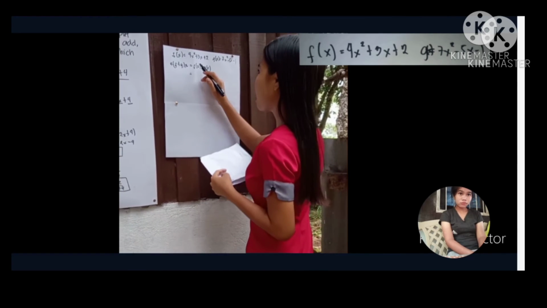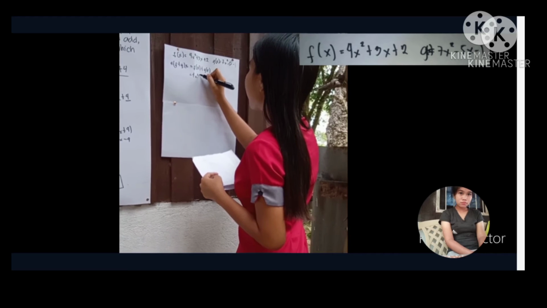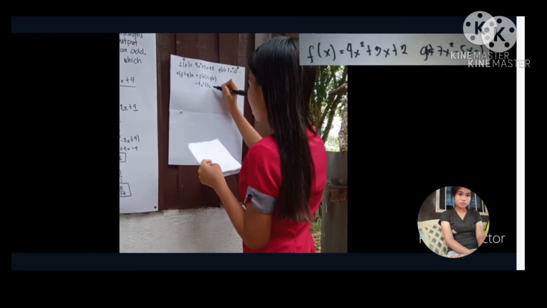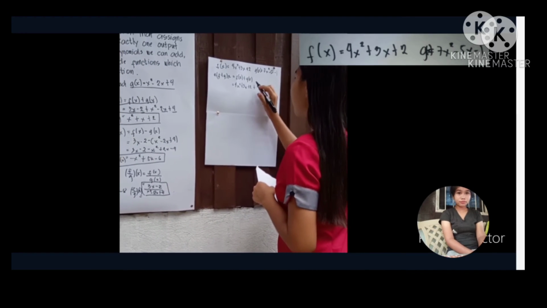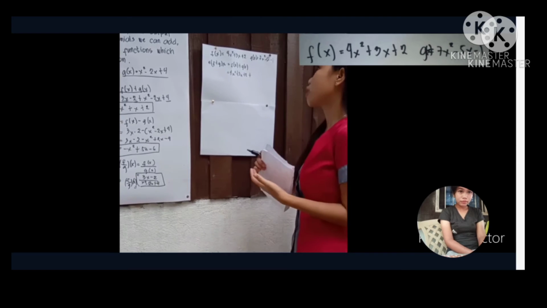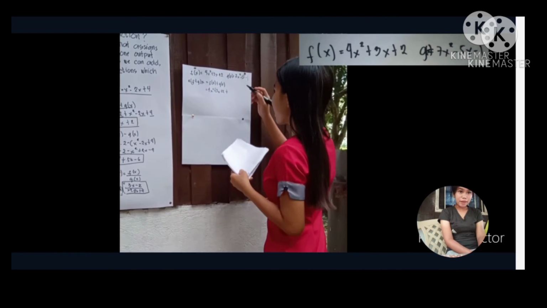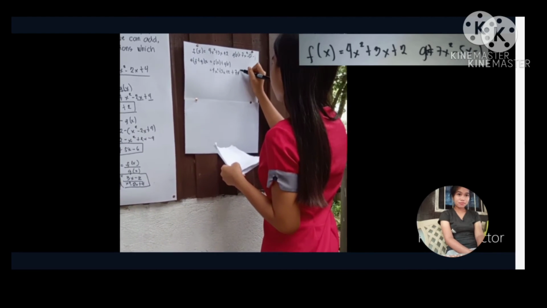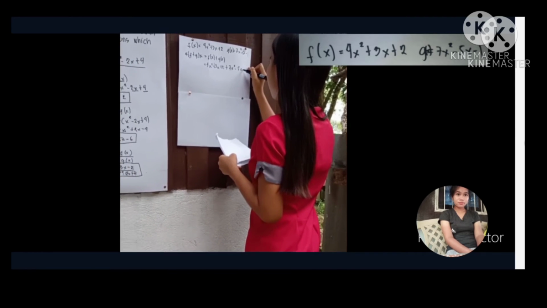Plus the value of g of x, which is 7x squared minus 5x minus 1.